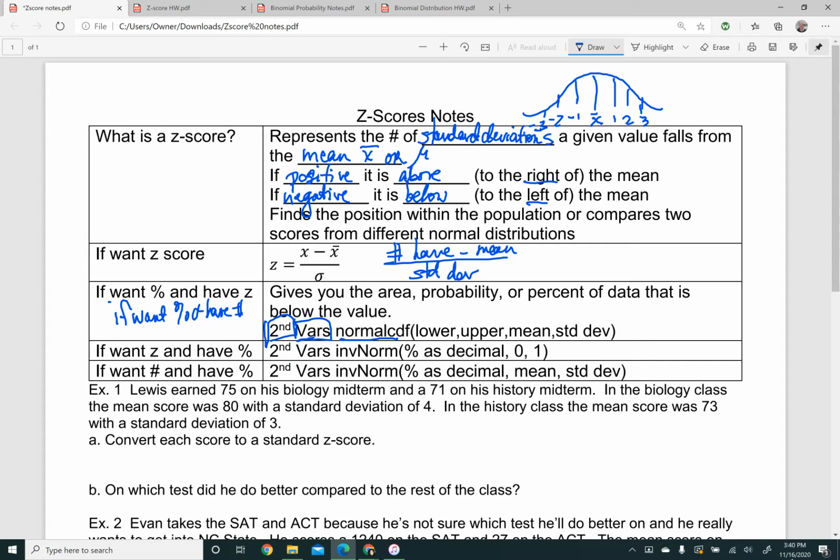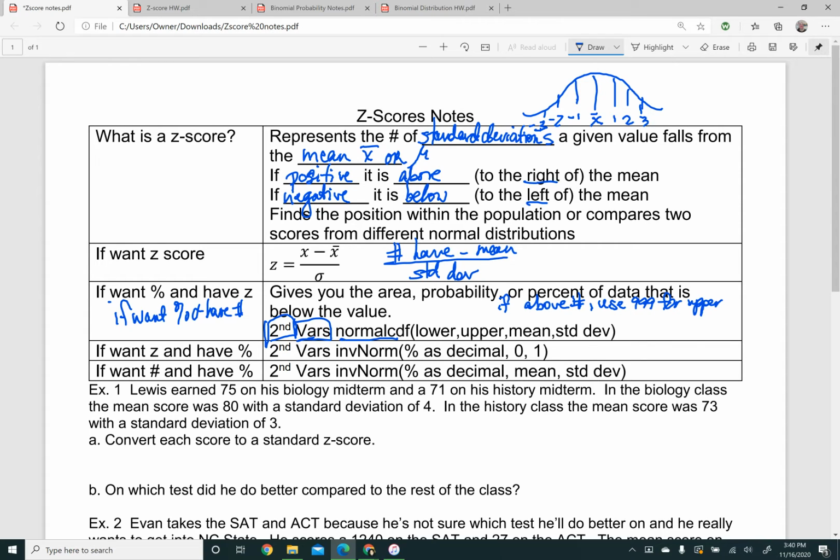And so we have to have a lower number and upper number, a mean and a standard deviation. So if we have two numbers, that's no problem. But if it says above, what's the amount above a number? Then we're going to use 999 for the upper value.